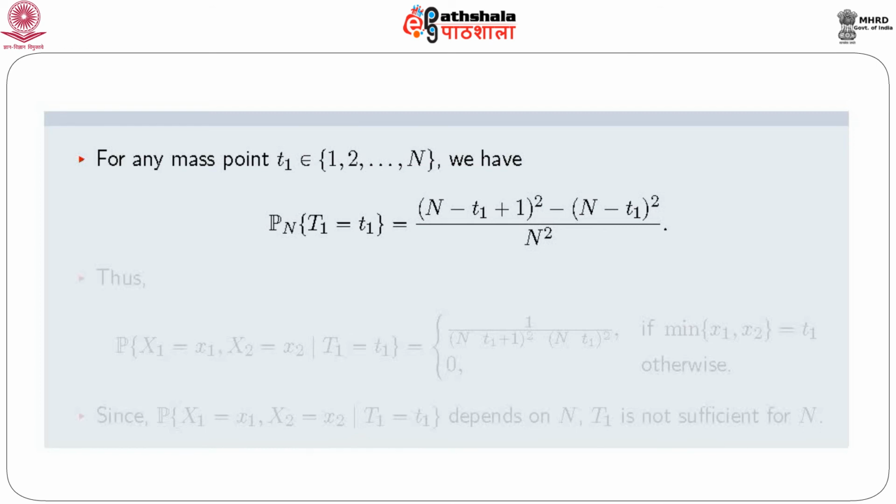Square, and thus we get probability under n, T1 equals t1, is equal to (n minus t1 plus 1) whole square minus (n minus t1) whole square, whole divided by n square.